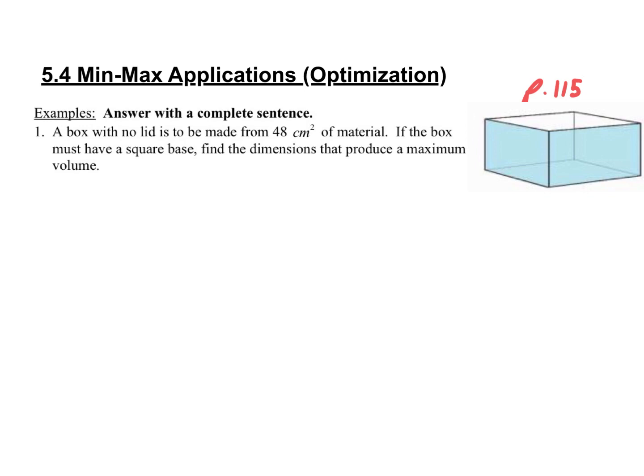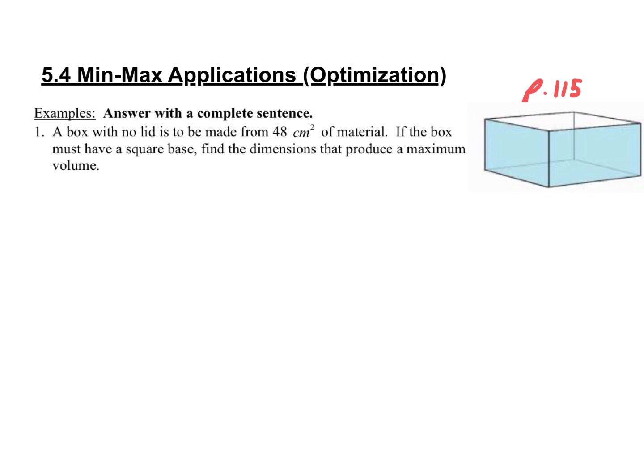They tell us the base must be a square, and so we want to find the dimensions that will produce the maximum volume. All right? That makes sense, because if we have a box, we're going to be either carrying a bunch of stuff in it, or we're going to be sending it to someone or giving it to someone. So in an ideal world, we want to have the box that can contain the most stuff, and so we're maximizing the volume.